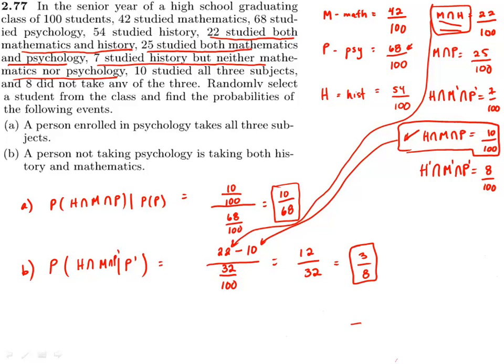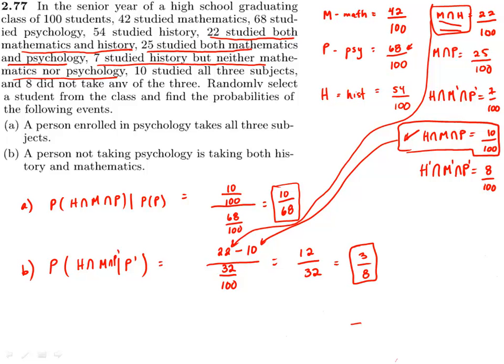So that's given. And now you want to know, okay, the person is in psychology. Given that fact, what is the probability that it is also enrolled in the other 2? Whereas if you ask the question differently, like what is the probability that the student is involved in all 3 subjects, that is a different question.